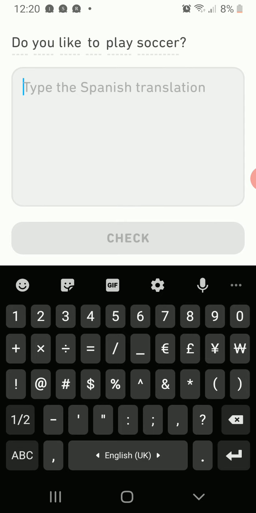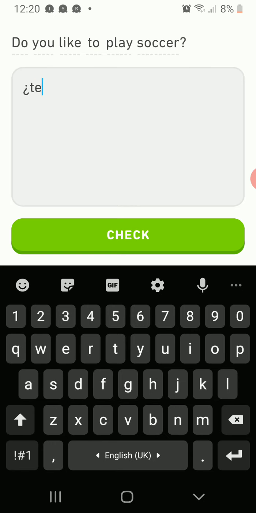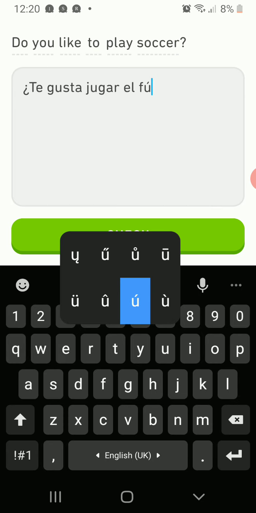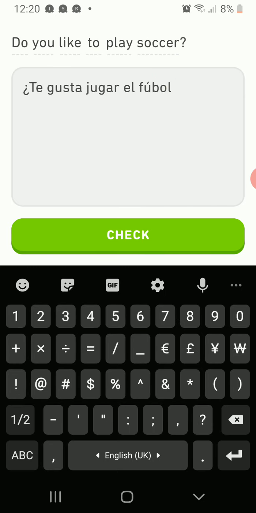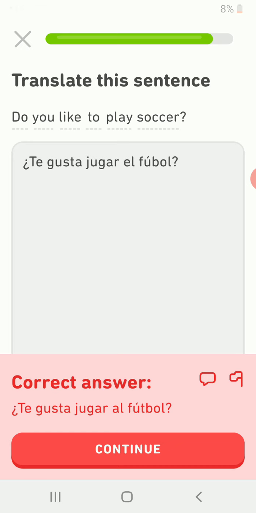So let's try again. I can just write it. Te gusta jugar el fútbol, and then I just put al fútbol. Oh my god. And what's the problem with el fútbol?